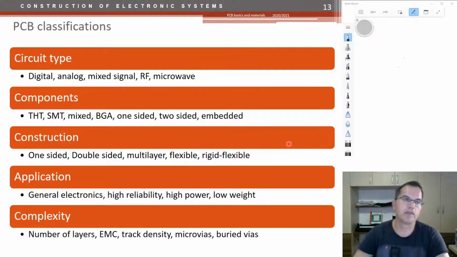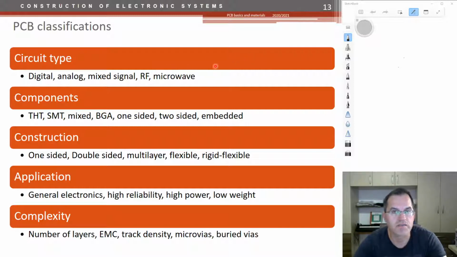So the printed circuit board can be classified on different criteria. You can have digital, analog, mixed signal circuits, radio frequency or microwave, and according to that type you have to choose the right materials. You can have through-hole components, surface mounted or mixed.